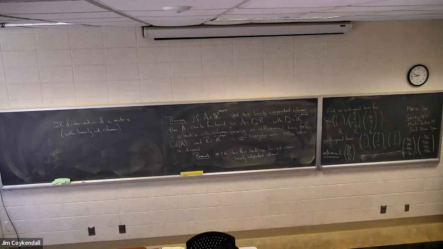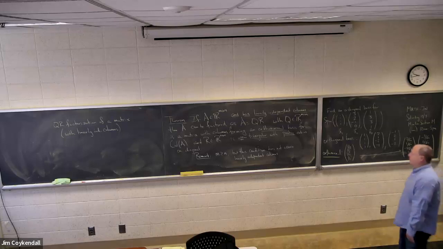But this condition alone does not mean that the columns are linearly independent. For example, you could have a matrix that is a single column of zeros, right? And there's your bad example there.